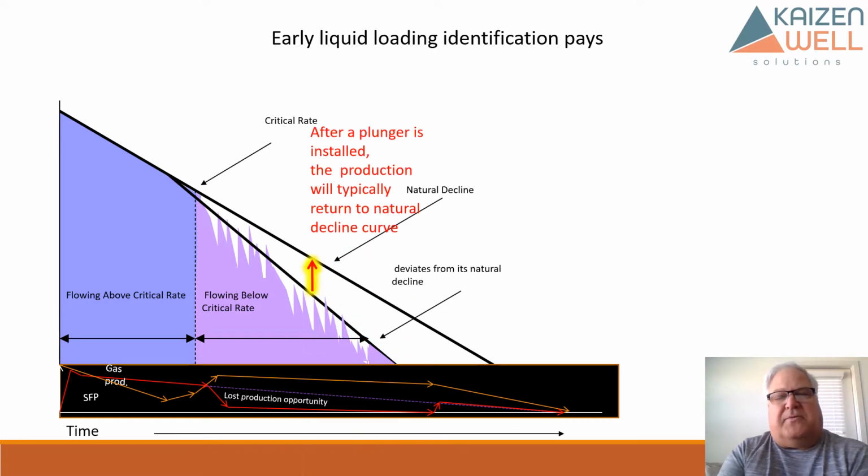Now, when we put in a plunger lift or do some sort of optimization intervention, when we're moving down this decline rate that's been affected by liquid loading, if we put a plunger lift at this point, basically what we see, almost in every case, is we just return back to the original decline rate.